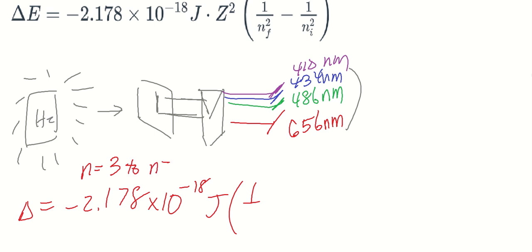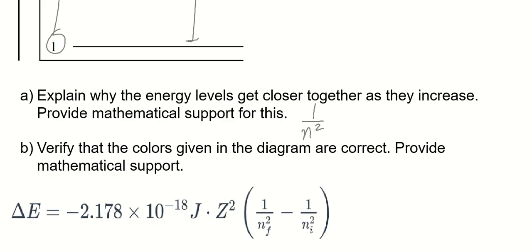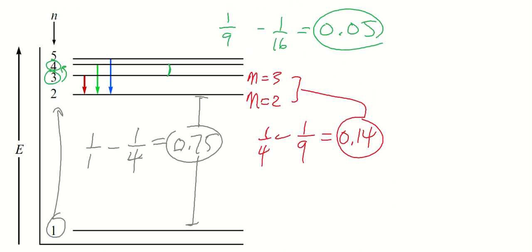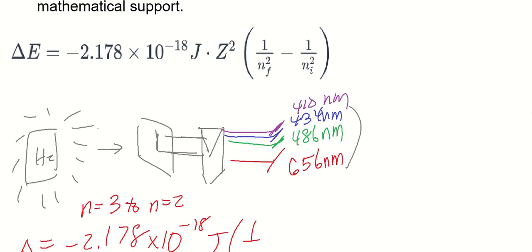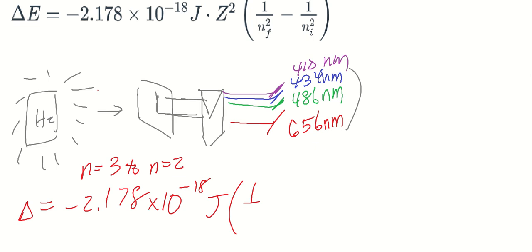It's the Balmer series, all of these. Final is where it ends up, so that's going to be 1 over 2 squared.